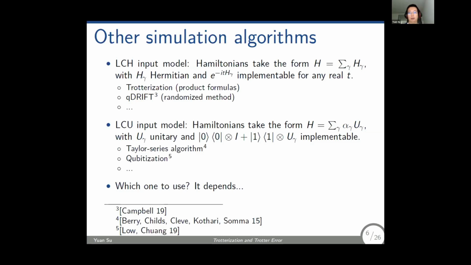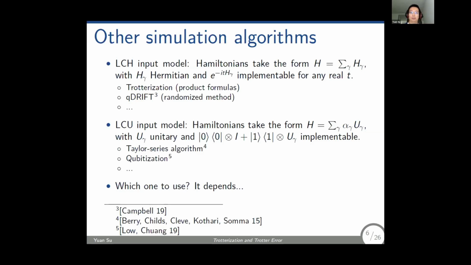There are also some algorithms that fall into this category. For example, we have already heard of the Taylor series algorithm or the quantization algorithm, and they can work pretty well in this LCU model. And there are also many, many other quantum simulation algorithms, which I didn't have space to list on this slide.